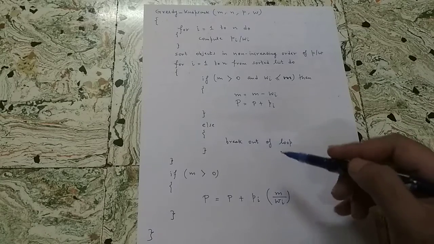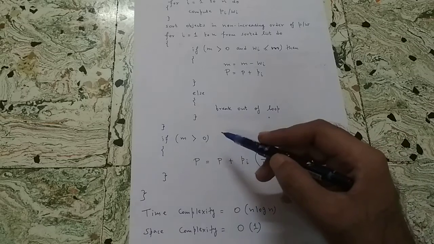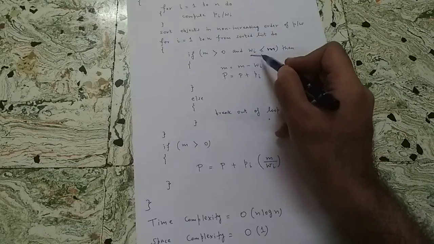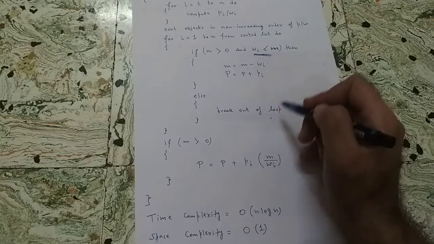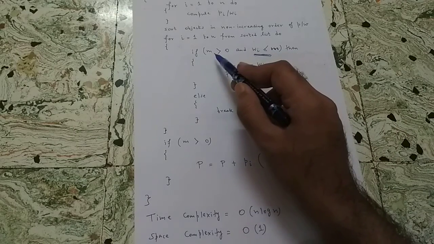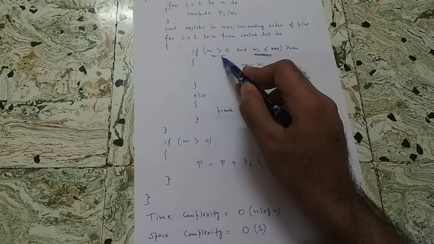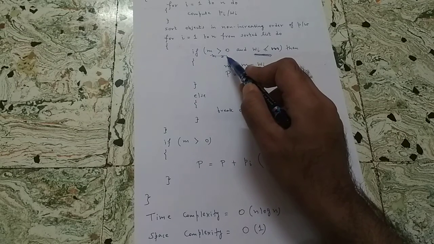So you will come out of the loop, and here you have to deal with the fractional portion. If this condition is not satisfied, then also you will come to the else part. It means that the other condition has been satisfied. M denotes the size of the knapsack, and if m is greater than 0, that means there is still space left in your knapsack.